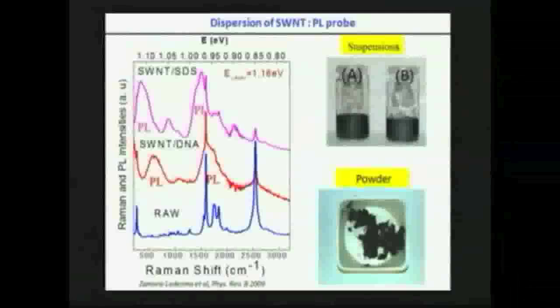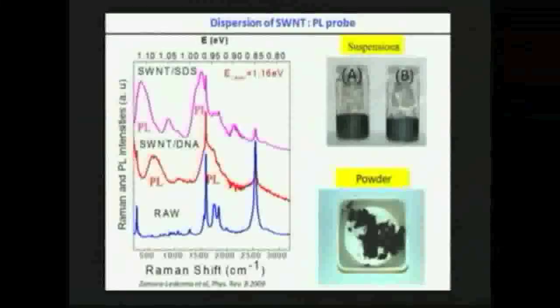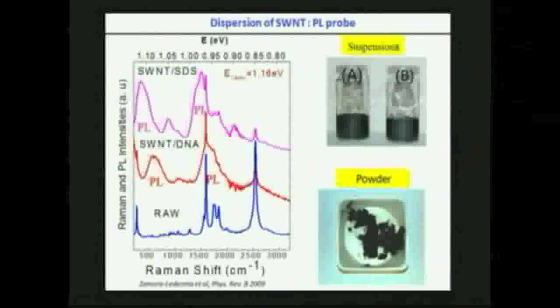And the last thing I want to show you is that these photoluminescence peaks, as you can see here, are shifted from this sample to this sample. And here, the only difference between these two samples is that we use different surfactants. Here, it's a small ionic molecule surfactant, SDS, sodium dodecyl sulfate. And here, it's DNA, short single strands of DNA that can also be used as surfactant.